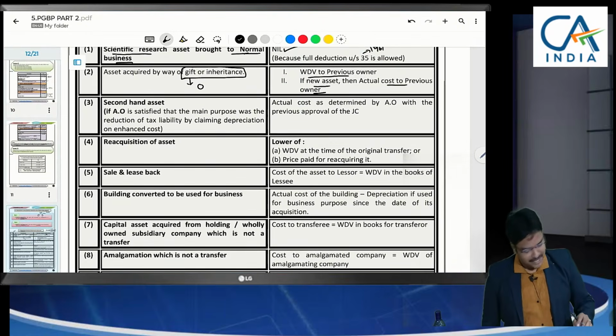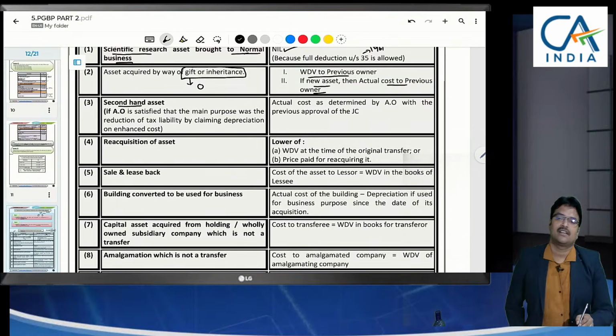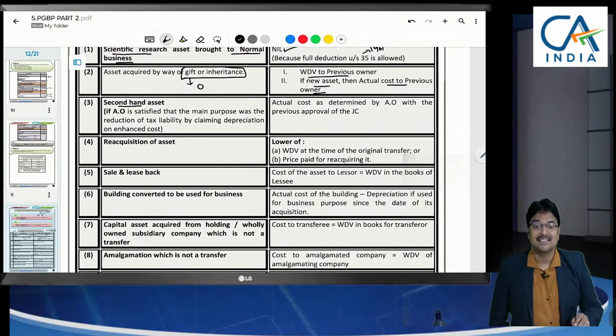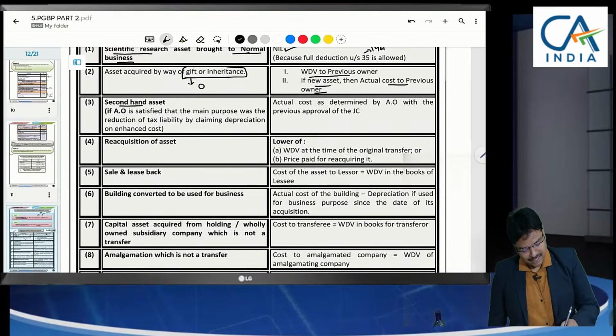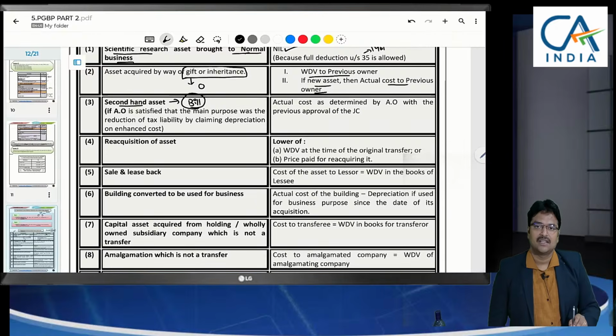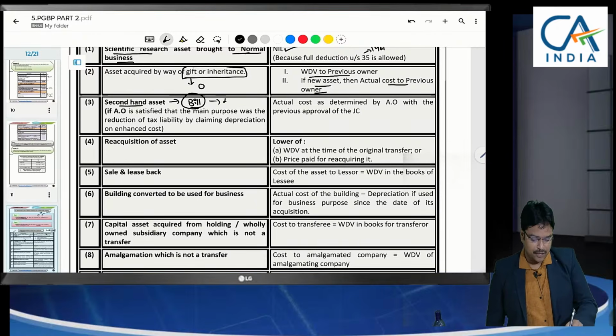Now, coming to the next, second hand assets. If you are going to purchase second hand assets, usually an invoice will not be available. That is why they might say the value is 4 lakhs or 10 lakhs.